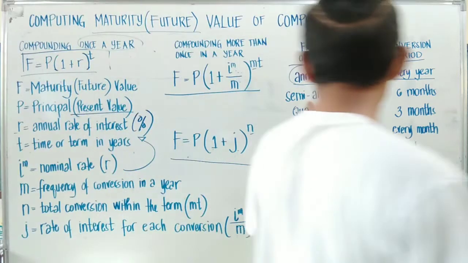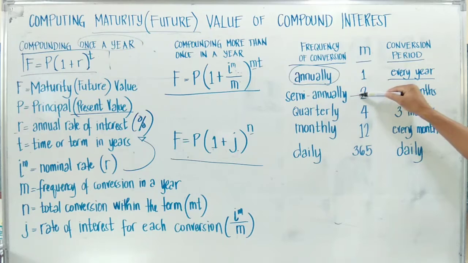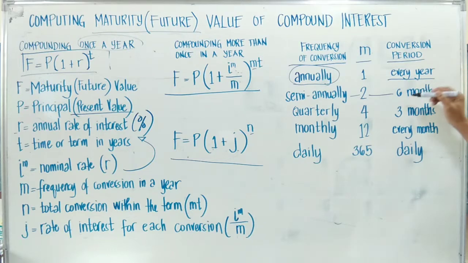Now let us proceed to this thing. Semi-annually, the value of M is 2. It means the conversion period is every 6 months, or the interest will increase every end of 6 months.